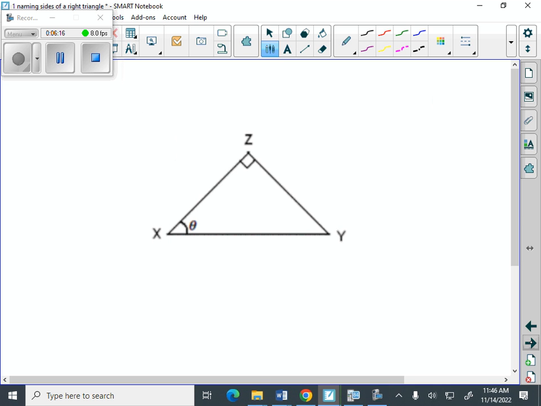Then if we look at the problem below the one that we just did, where we have triangle XYZ, first and foremost, identify the right angle and look across. Here's our hypotenuse.